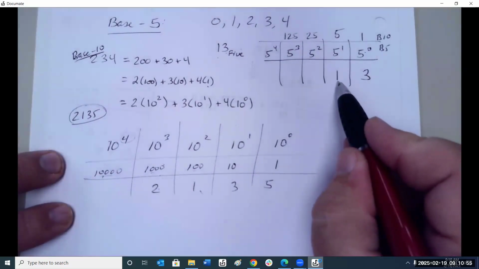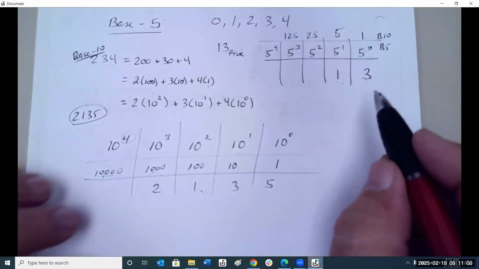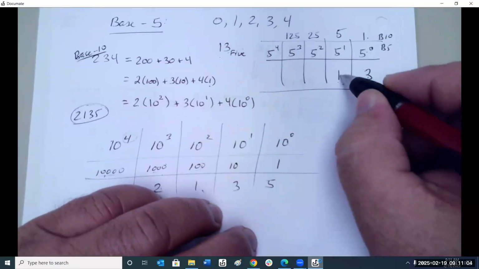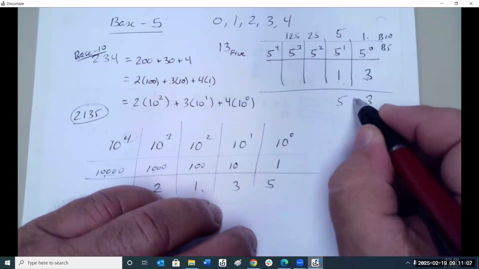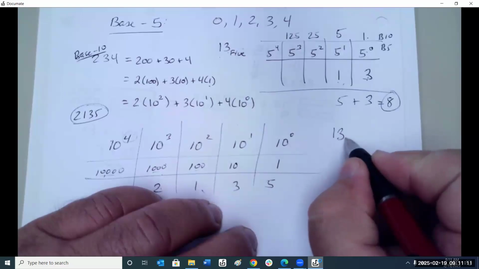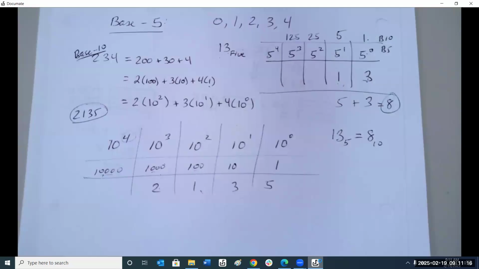So if we want to convert, what is 13 base 5 in base 10? 3 times 1 is 3. 1 times 5 is 5. Add those. So 13 base 5 is equal to 8 base 10. This is how you convert numbers from one system to another system.